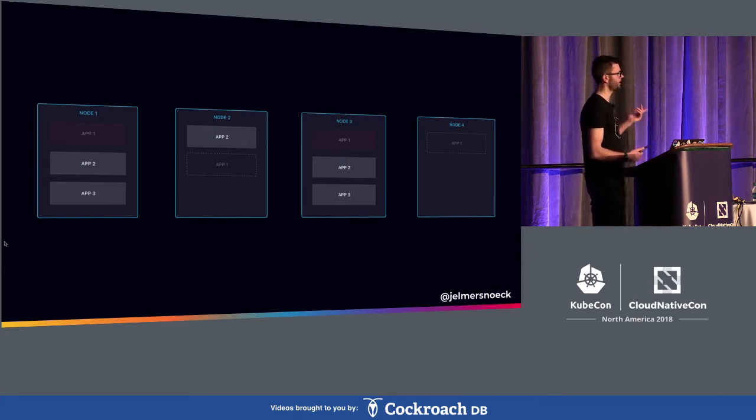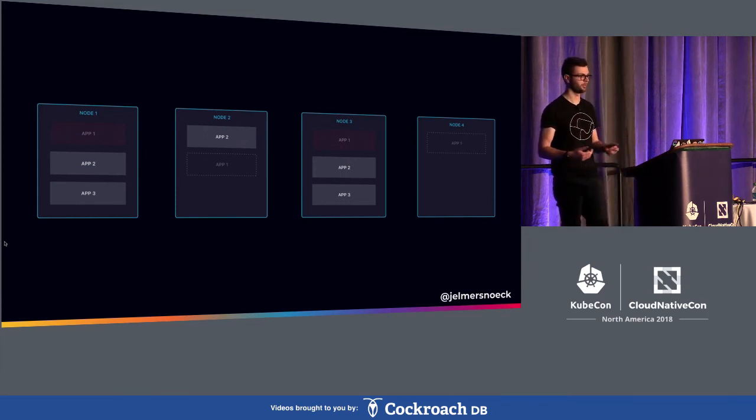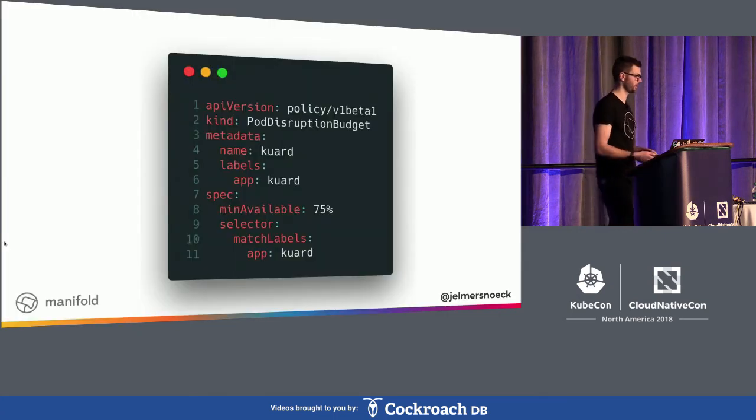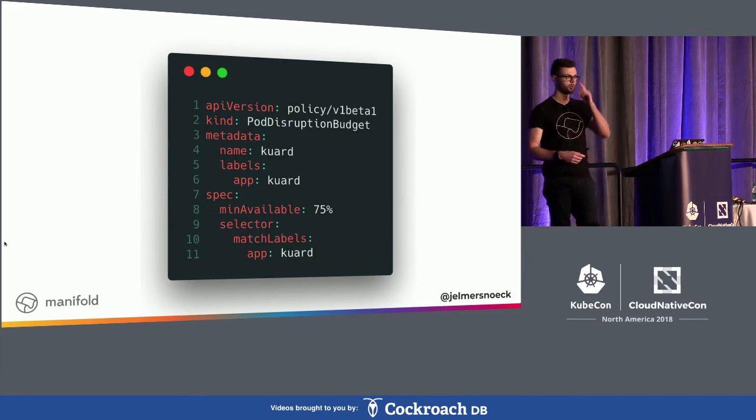But if you notice here, the issue now is that, again, our application is not available because it's being rescheduled. So that's where pod disruption budgets come into play. We want to define this, and it's important to define this correctly, to what you need, because these objects are immutable. Once you apply it, you have to stick with it.